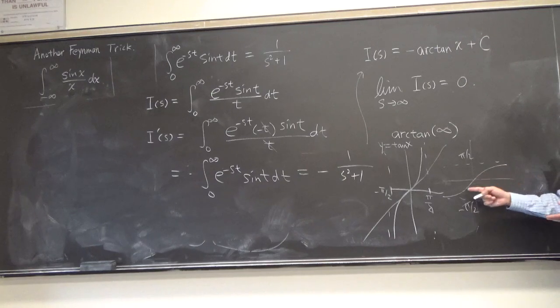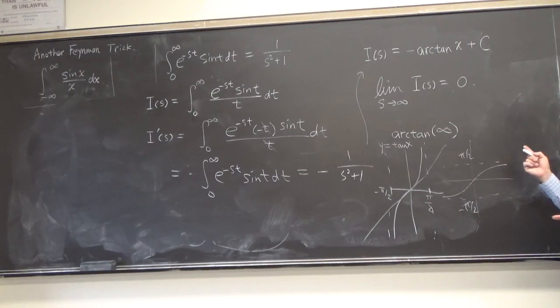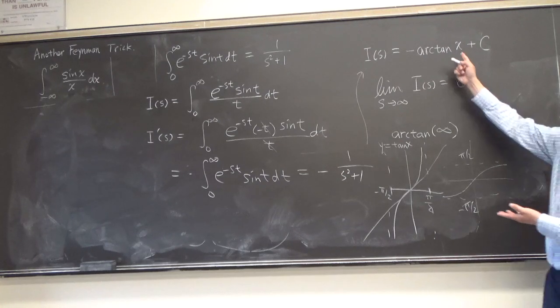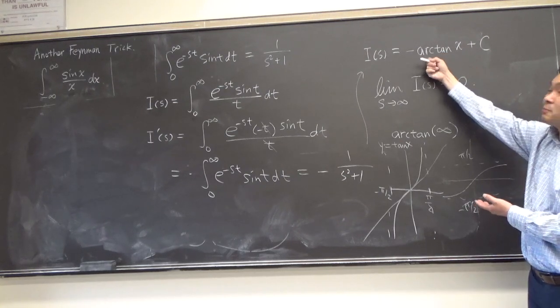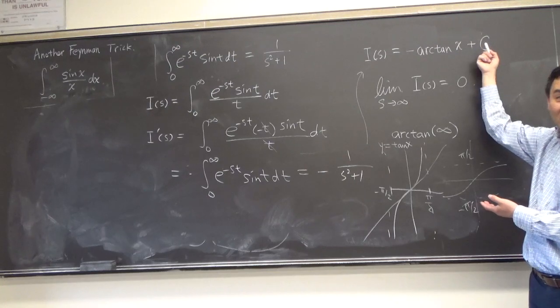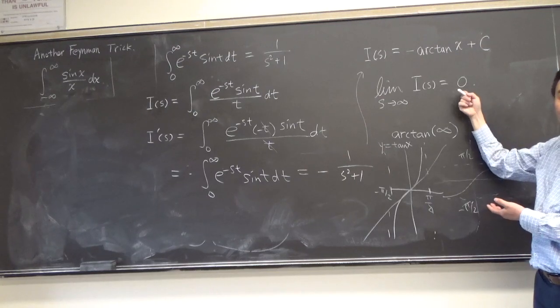So what's the limit as x goes to infinity? Pi over 2. So if you send s to infinity, you get negative pi over 2. Therefore, c must be positive pi over 2 in order for this to happen.